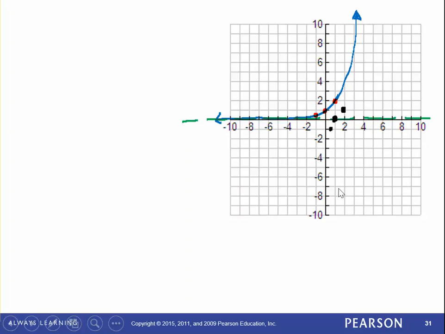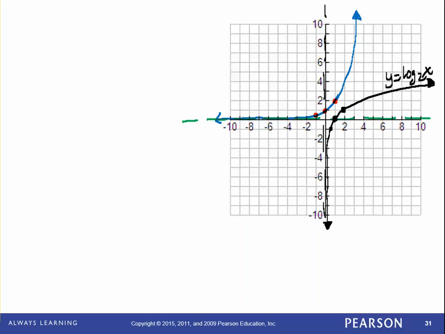So based upon those, can you graph the logarithmic equation? Yeah, you can. Remember, exponential functions had a horizontal asymptote, so logarithmic functions have to have a vertical asymptote.